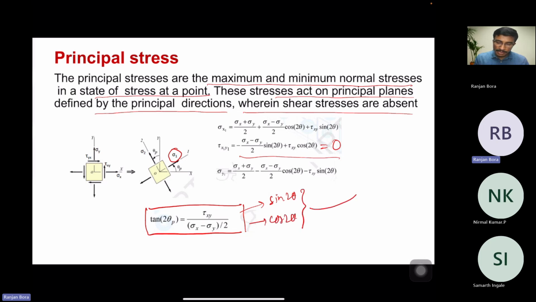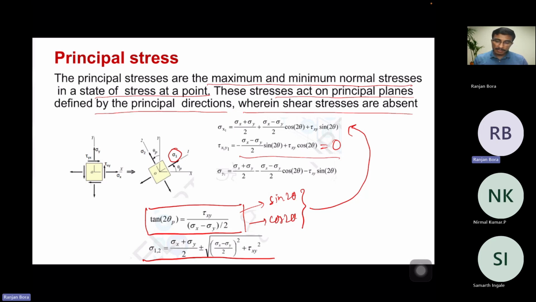And if we substitute this sine 2 theta and cos 2 theta in this expression, then we get this equation. Sigma 1, 2 is sigma x plus sigma y divided by 2, plus minus the square root of these terms. So the derivation is like this. First, we estimate sine 2 theta and cos 2 theta, and we substitute them into the sigma x1 equation, and from that equation we get sigma 1, 2. Sigma 1, 2 are the principal stresses.